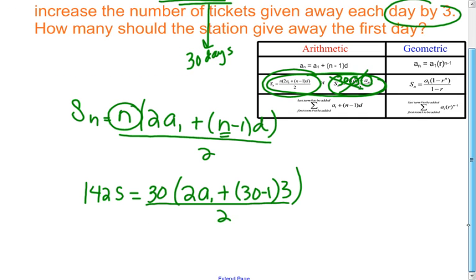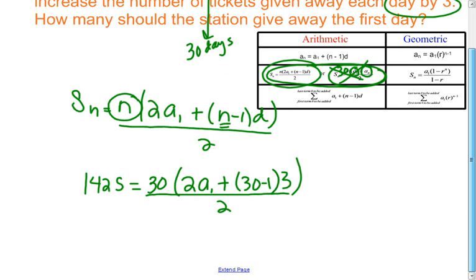And at this point now, once you have this, all it takes is to do some simplifying. Okay, so I will multiply both sides by 2 so that I can get rid of my fraction. And then I'll have 2850 equals 30 times 2a1 plus 87.